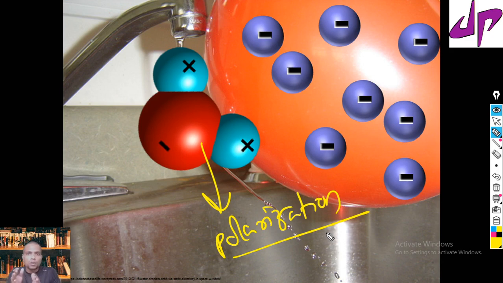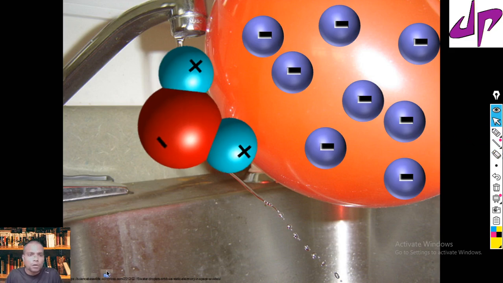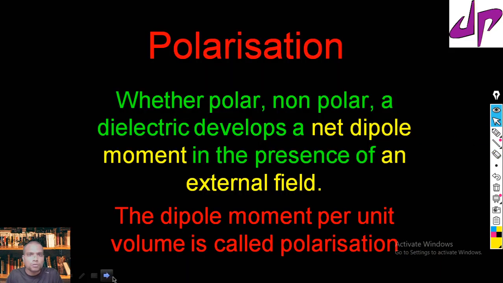If we bring the charged object close again, the same polarization takes place, and the water stream will bend again. So this effect is known as polarization. This is the effect of the external electric field on polar or non-polar molecules.